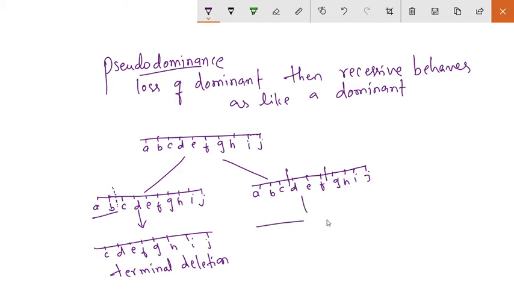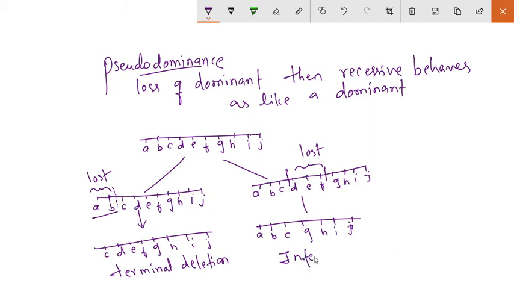So the resulting chromosome is A, B, C, then G, H, I, and J. So this middle part gets lost.